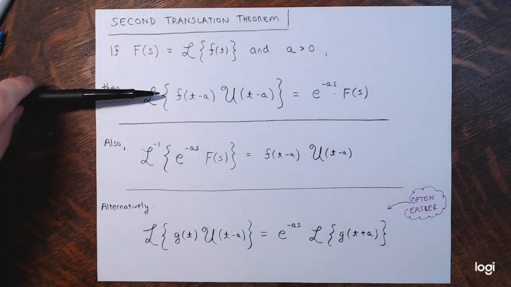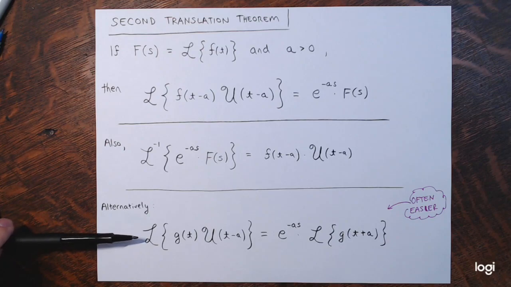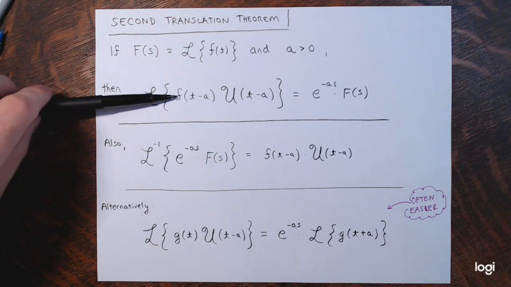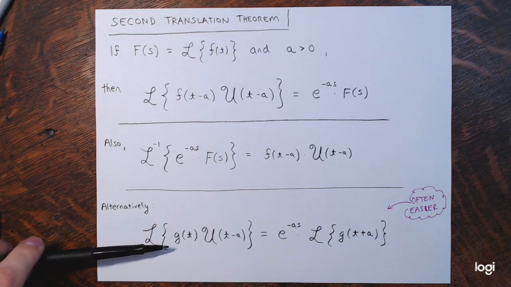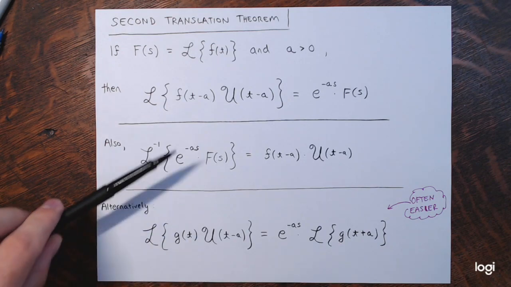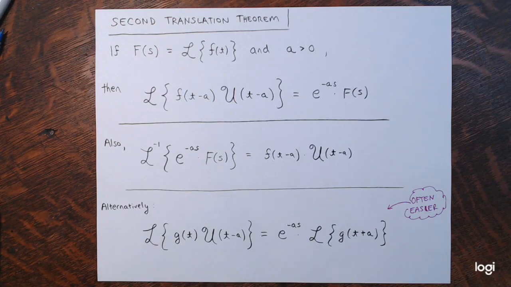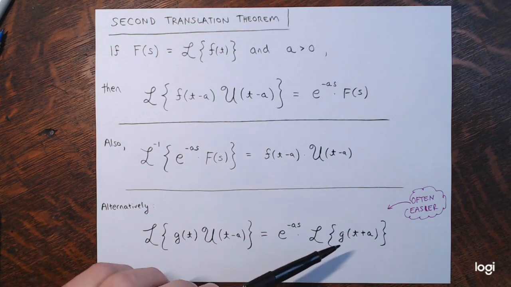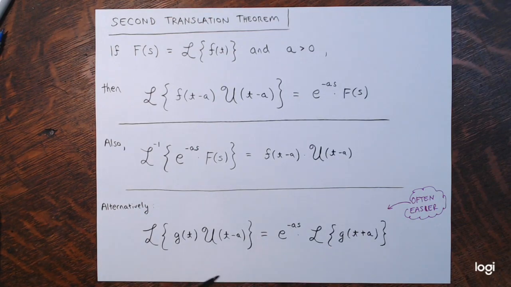All right, and then an alternate version of this, I just replace f with g here. If you make a substitution for t minus a in that and use the definition of Laplace transform, you can again easily come to this conclusion that the Laplace transform of a function g of t times the unit step function at t minus a will be equal to e to the negative as times the Laplace transform of the function g at t plus a.